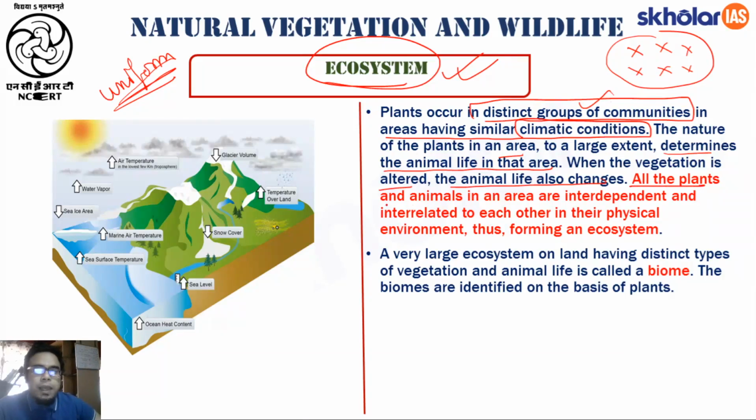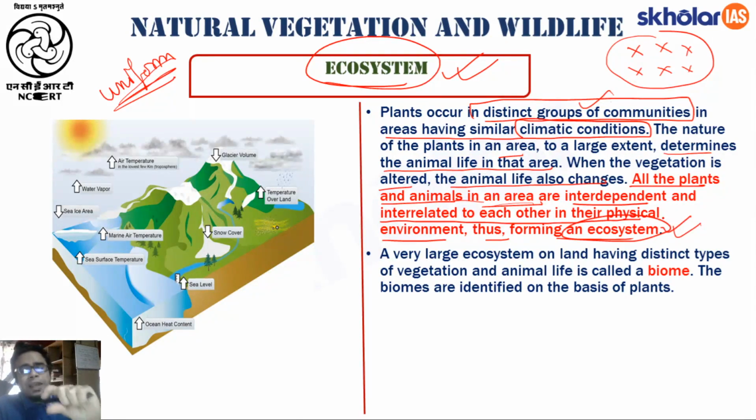So all the plants and animals in a designated area are interdependent and interrelated to each other in their physical environment, thus forming an ecosystem, right? So in this particular designated area, both the plants and animals are interdependent on each other and interrelated to each other, which in turn results in the creation of an ecosystem, right?